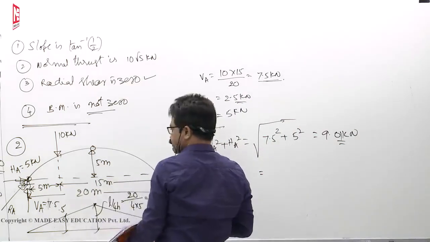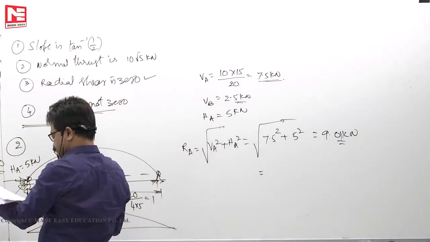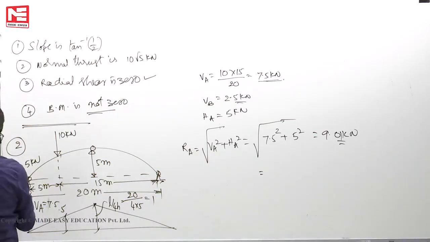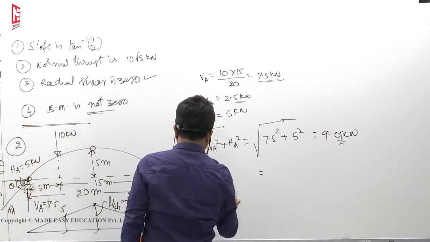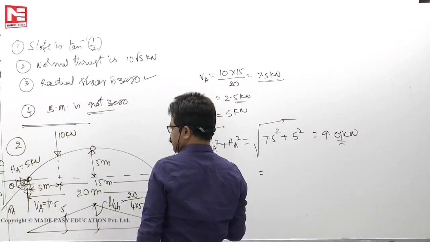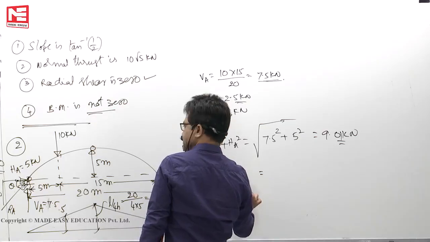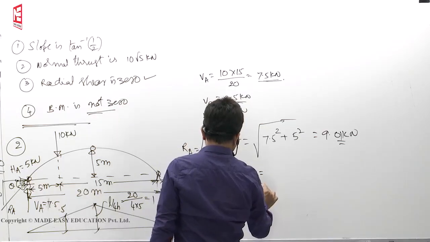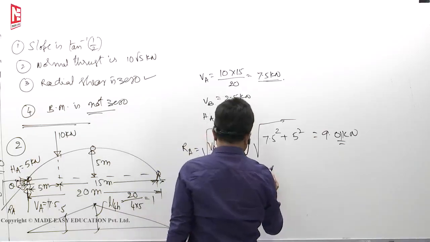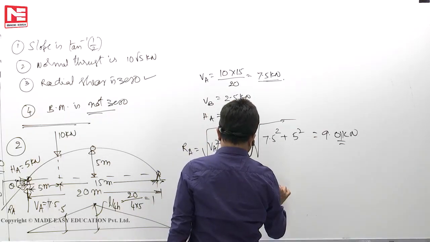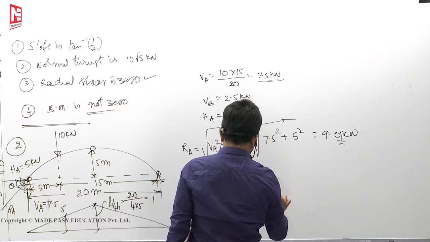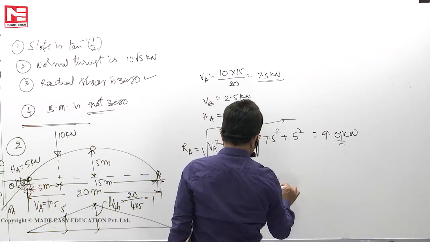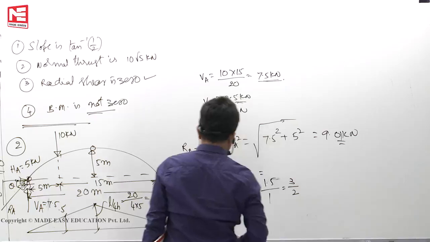Now the angle of inclination with respect to horizontal, this theta. So tan theta is equal to opposite side 7.5 over adjacent side 5, which is 1.5 by 1, that means 3 by 2. Tan theta is equal to 3 by 2.